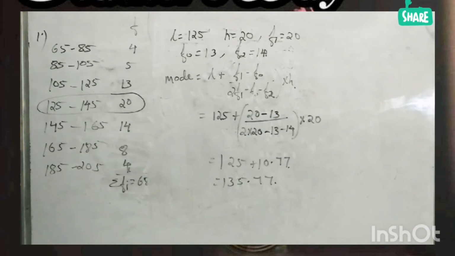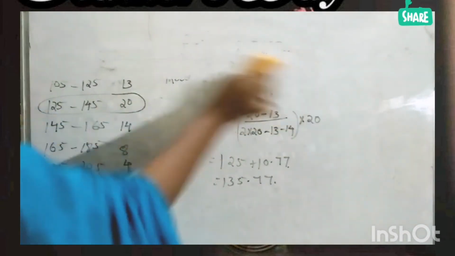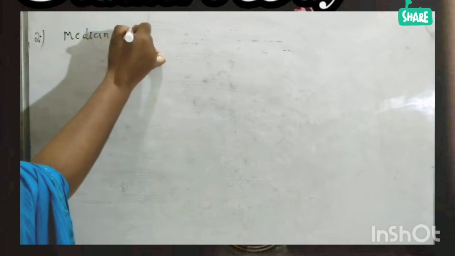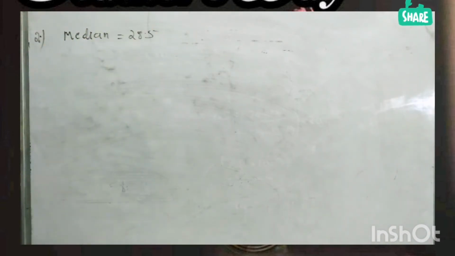Question number 2. If the median of the distribution given below is 28.5, median is given, we need to find the missing values, that is x and y.